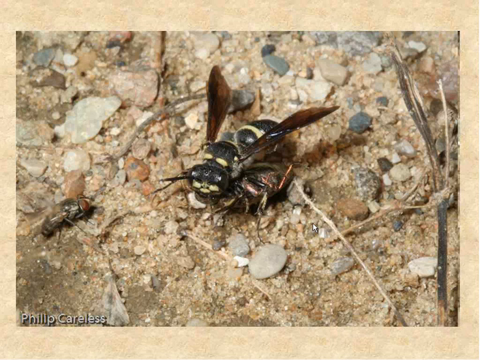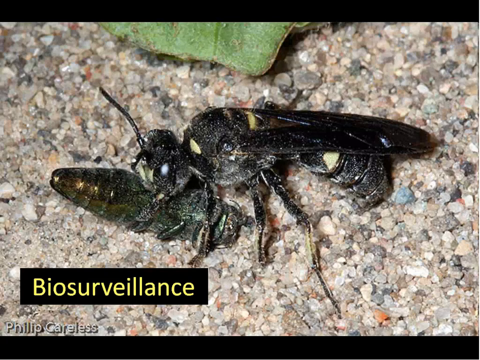So how are we using this for biosurveillance? Another point I need to mention is we know Cerceris goes out, collects blue-crested beetles, and brings them back to their nest. One of the beetles it does bring back is emerald ash borer, if it is in the area, but this is not being considered as a control method, simply a survey method.